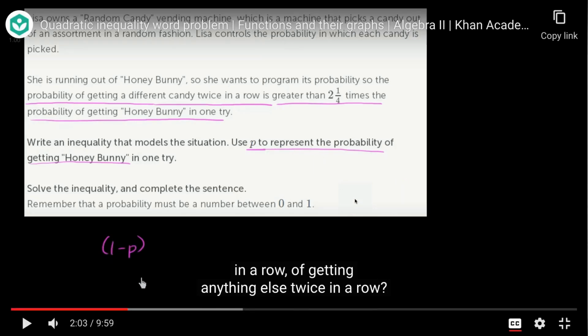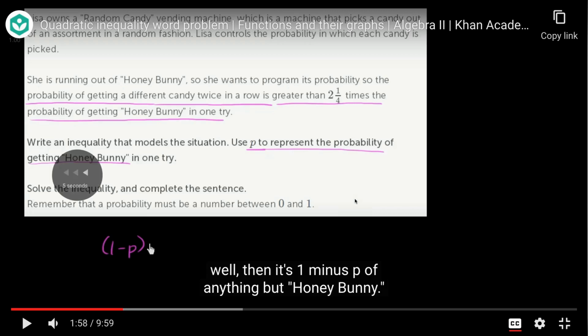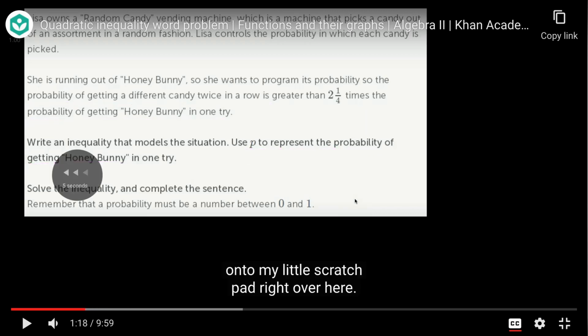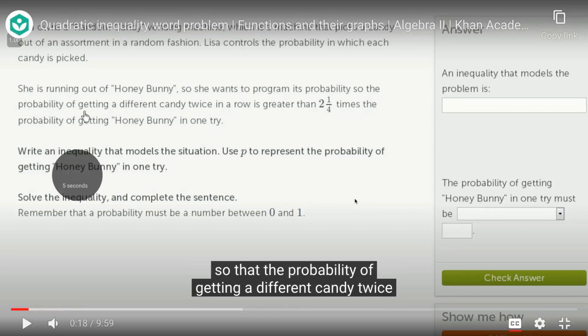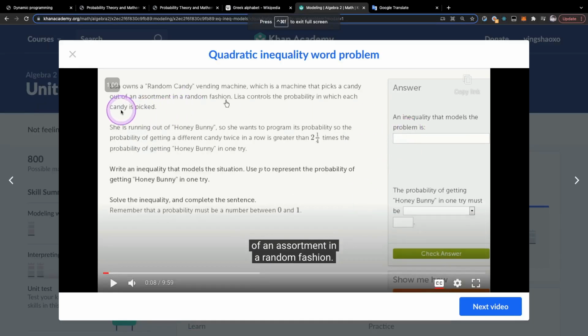Okay, I just lost my train of thought a few minutes ago, so let's get into it again and try to understand what's going on there. It says that Lisa owns a random candy vending machine, which is a machine that picks a candy out of an assortment in a random fashion. Lisa controls the probability in which each candy is picked.